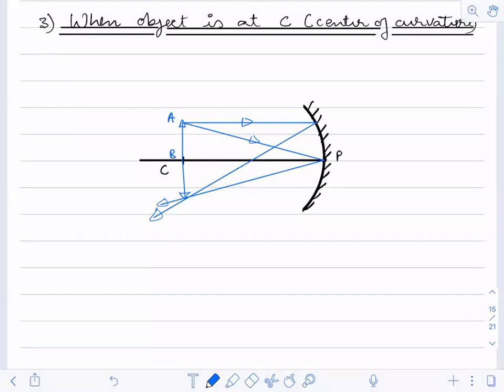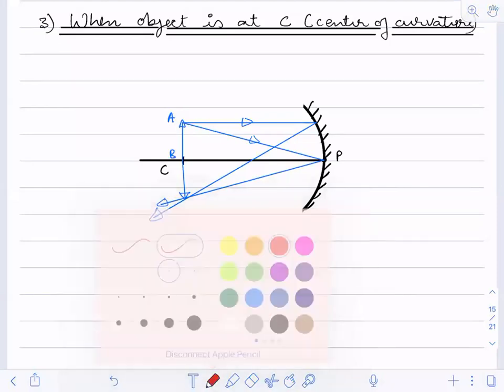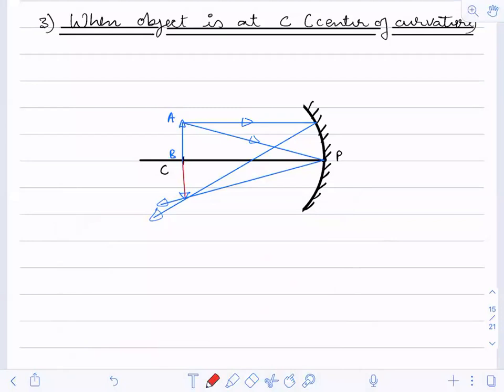I'll tell you how to draw in the exam, because most of you will not be able to exactly make the image on the C. This line over here is the image, which I'm drawing in red color. Most of you would not be able to intersect both reflected rays at C only. When you draw, it will be somewhat difficult for you.